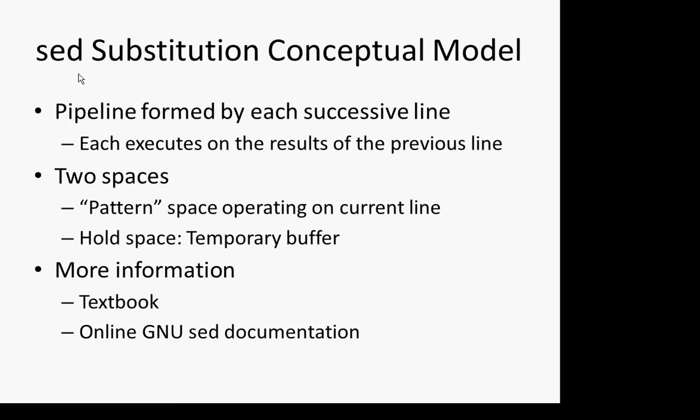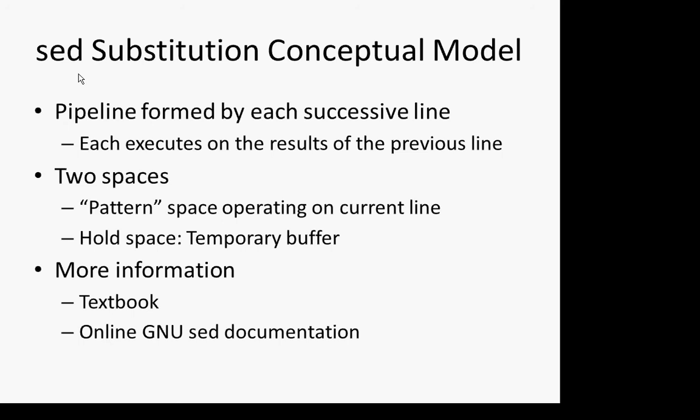And then next, that first line goes on and starts being processed by the second line of the script. Meanwhile, the first script line can start processing the second line of the file. And following that, the first line is now being handled by the third line of the script. This is the file.sed script, to be very clear here. And the second line of the file is being handled by the second line of the script, and the third line of the file is being treated by the first line.